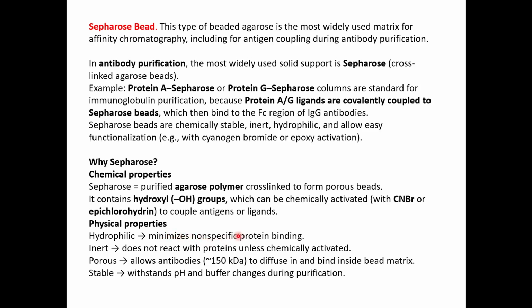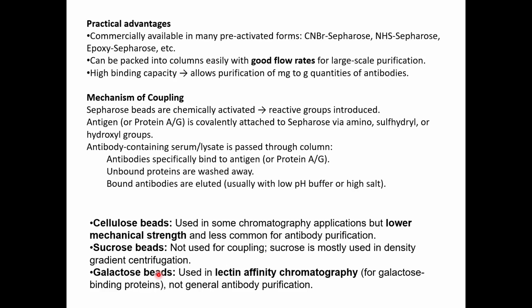So it minimizes non-specific protein binding, does not react with proteins unless chemically activated, allows antibodies even of 150 kilodaltons to diffuse in and bind inside the bead matrix, and withstands pH and buffer changes, which is important for purification.